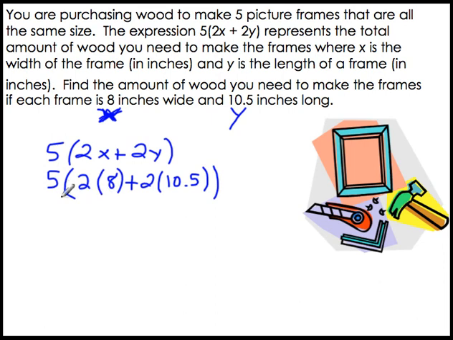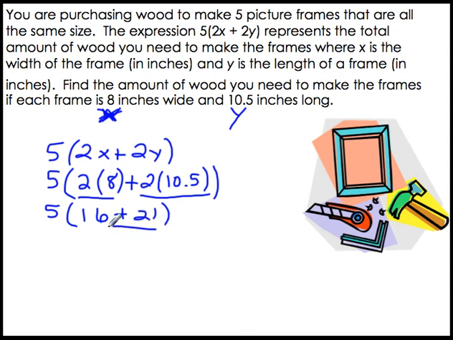That makes it fun. So we bring down the 5, and then inside the parentheses we multiply first. 2 times 8 is 16, plus, and again, since this is still going to come next from left to right in the multiplication area, I can go ahead and multiply those. 2 times 10.5 is 21.